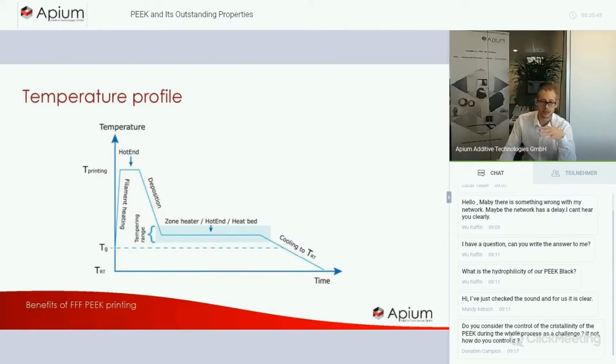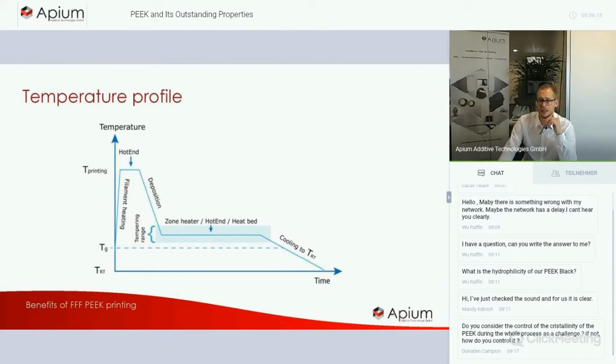We see the formation of crystals, and then with the plate on top, the zone heater, and a plate that comes together with the zone heater and the heating bed, we keep it at an elevated temperature, so we give the material enough time to come to the equilibrium state, and then we cool it down to room temperature. And this is critical because if this is not done properly, the layers won't adhere too well together.